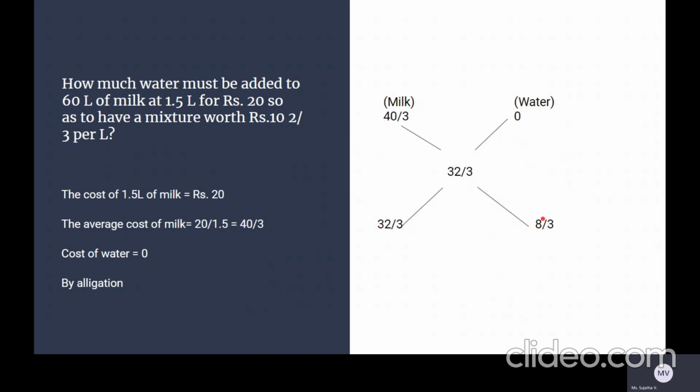We have the quantity of milk, that is 60 liters, and we are required to find how much water we need to mix to get this ratio. 32 by 3 by 8 by 3 is equal to 4:1, and that is equal to 60 by x, and when we do that we get x is equal to 50. Remember, this ratio is the ratio of quantities, always, never forget that.